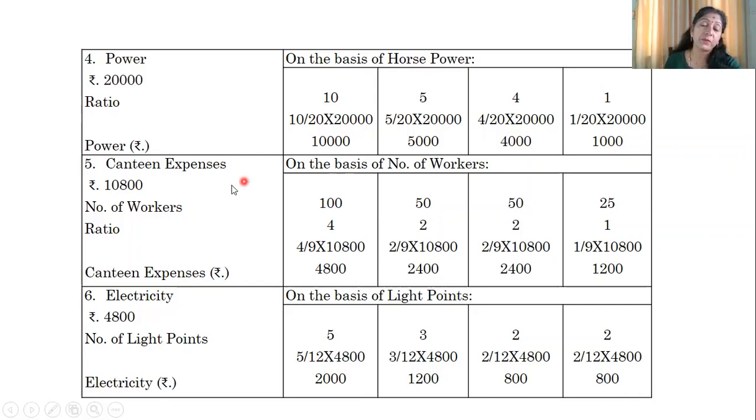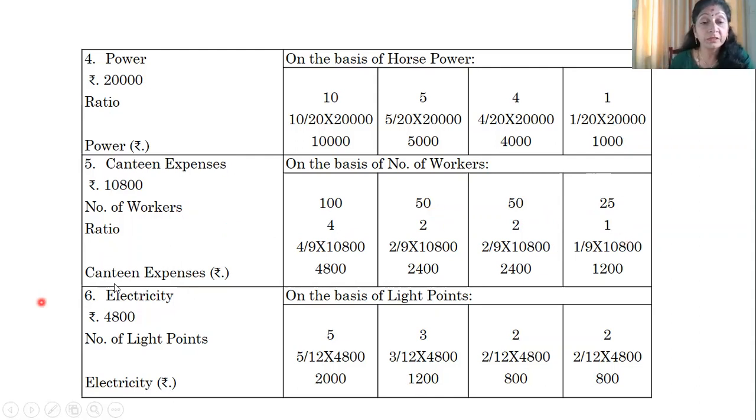Next is canteen expenses. Canteen expenses of 10,800 are given in the problem, on the basis of number of employees. The number of workers given in the problem is 100:50:50:25. What is the ratio here? From the number of workers, we calculate the ratio 4:2:2:1.